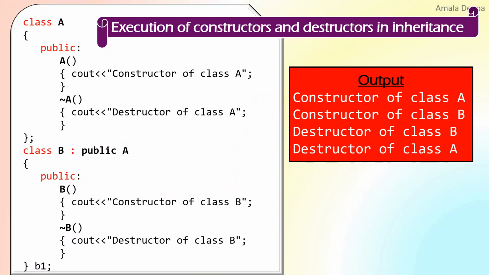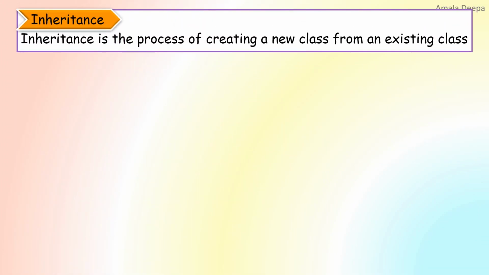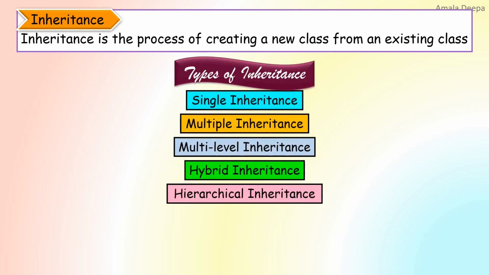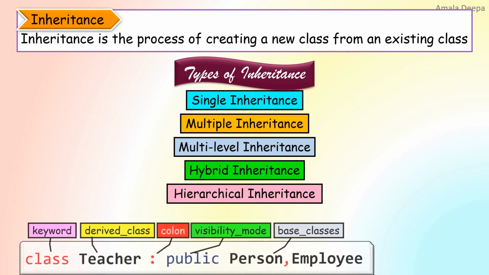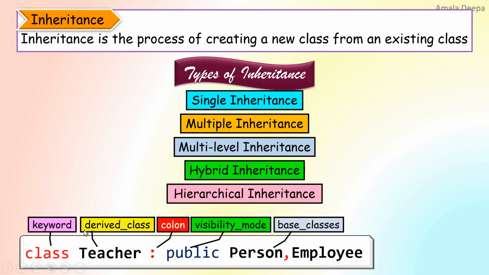Let us now quickly review this session. Inheritance is the process of creating a new class from an existing class. There are 5 types of inheritance in C++. To create a derived class, first you have to write the keyword class followed by the derived class name, then a single colon, then the visibility mode, and at the end the names of the base classes separated by commas.